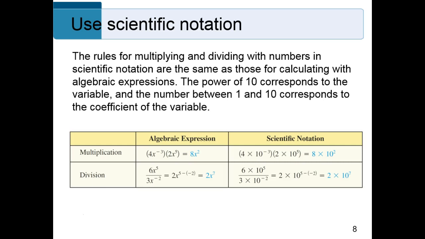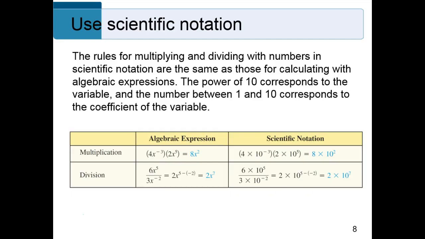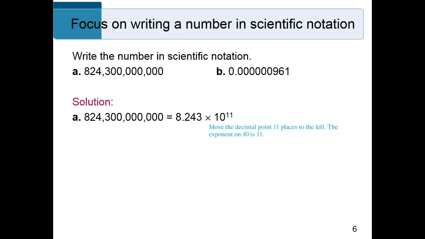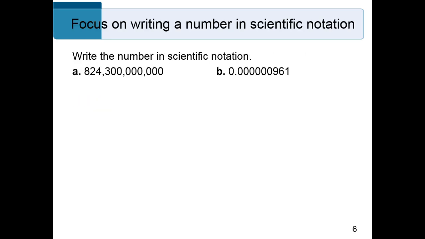Let's see if the book comes up with something better. Probably. Whoa! They don't do it, do they? They just go to blankness. So let's do the focus on operations with numbers written in scientific notation.